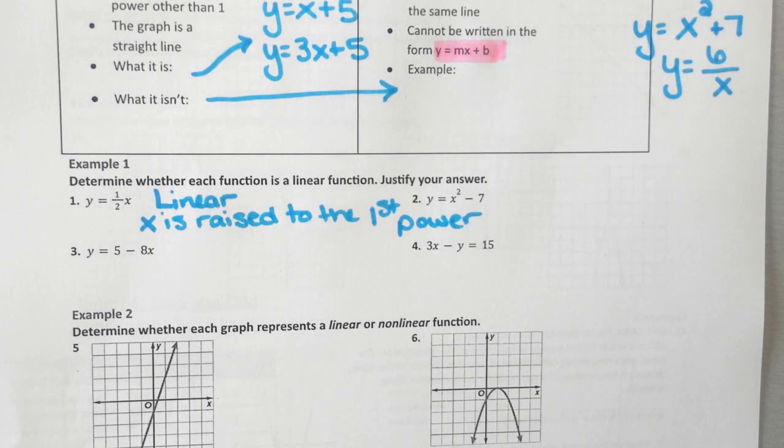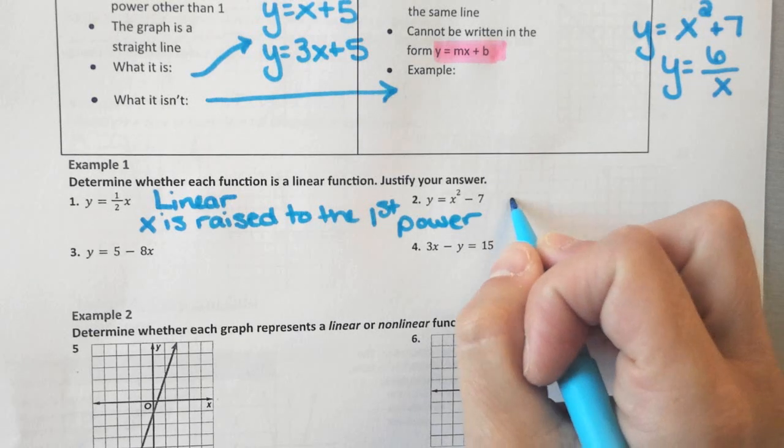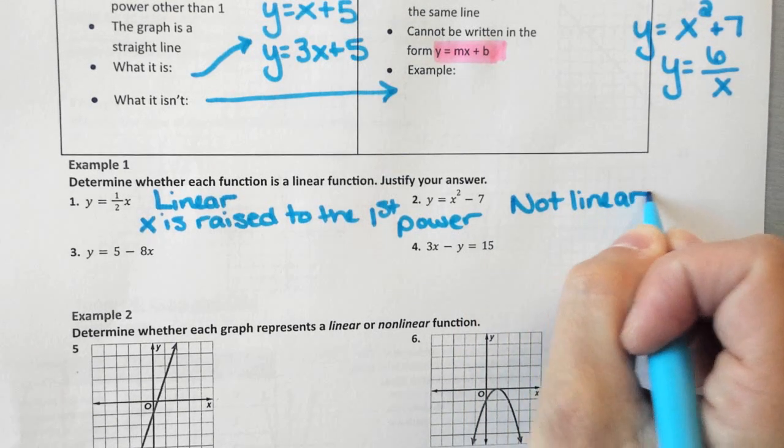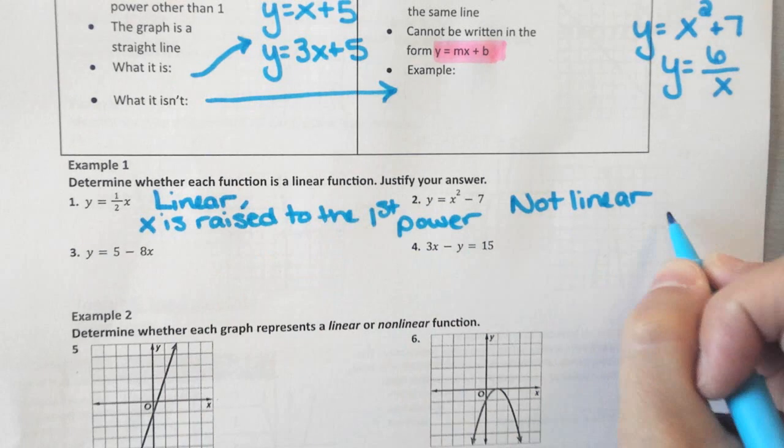Let's look at number 2. What do we think? Linear or not? Look at your x. Look for your variable. Linear? No. So not linear. And then we have to say how we know that.